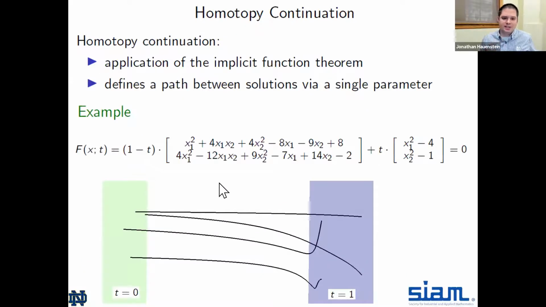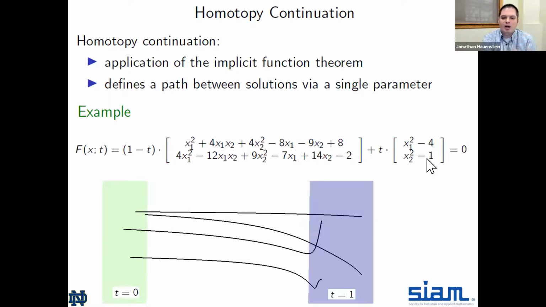Homotopy continuation is nothing more than applying the implicit function theorem where you have a single parameter. So we want to set up systems of equations that have this single parameter in them. For example, if we want to solve a polynomial system, say 2 variables of degree 2, instead of solving that system, we solve an easier system where we can trivially write down the solutions.